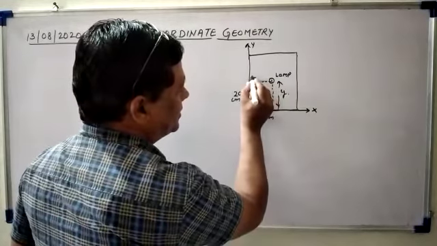The next question is a street plan. Children, remember this thing: we are just considering one single line for each road. Suppose these two roads are running this way.